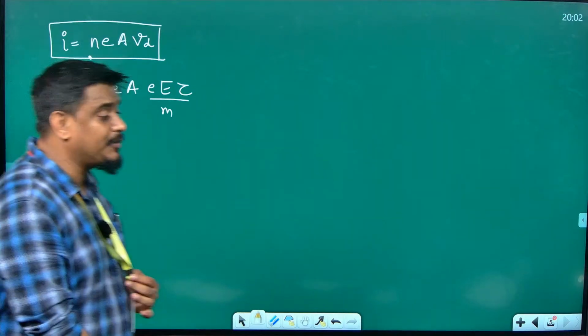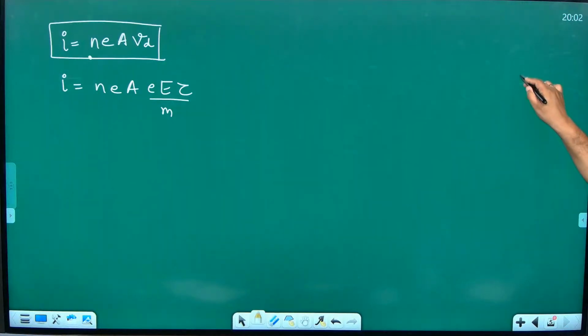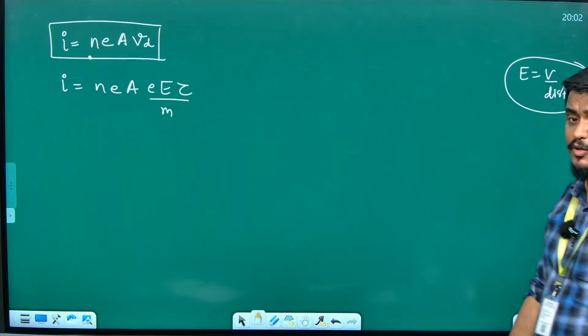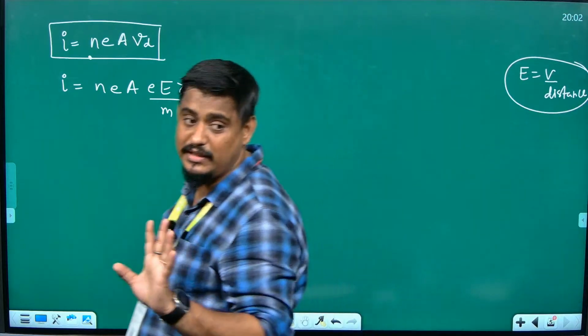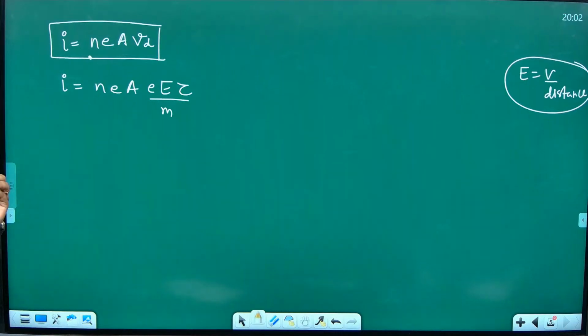In the previous chapter you learned that electric field is equal to electric potential by distance. You remember this? I told you this will be used in many places, till the last chapter. E = -dV/dx, that is, electric field is electric potential by distance.